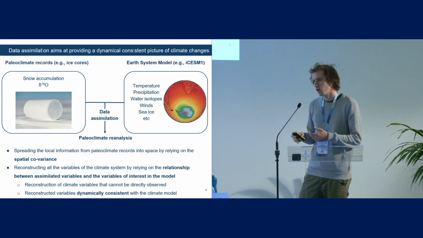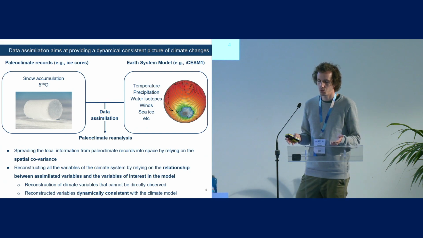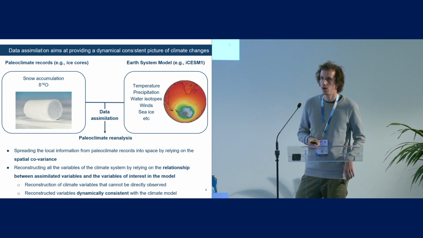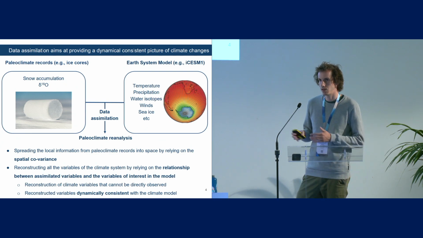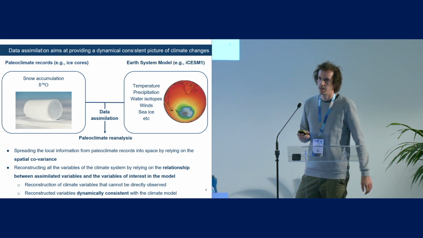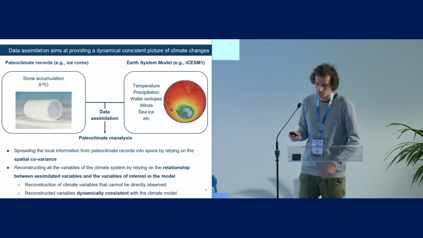So for instance, if we assimilate a snow accumulation record, we are also able to update the winds because we rely on the covariance of the model. So it provides reconstructions of variables that cannot be directly observed.